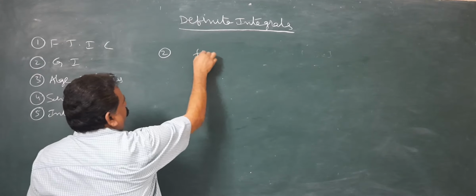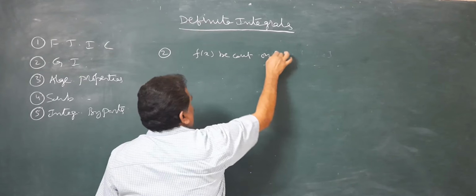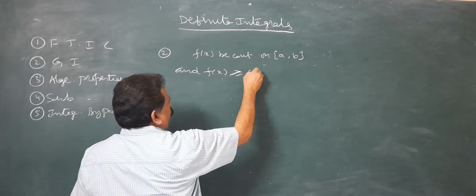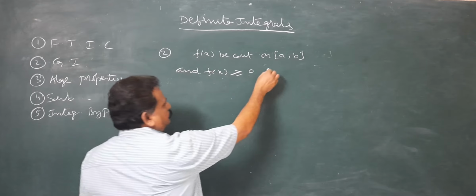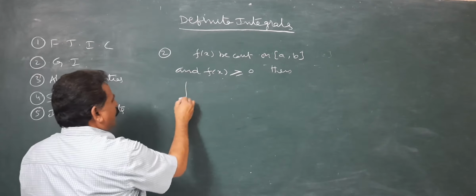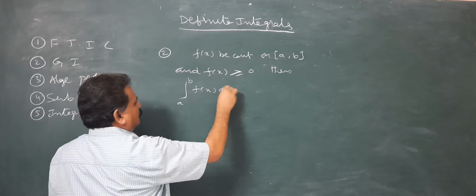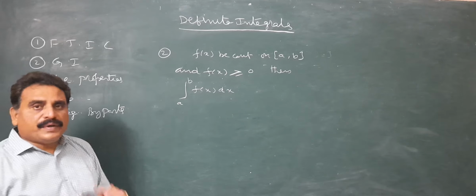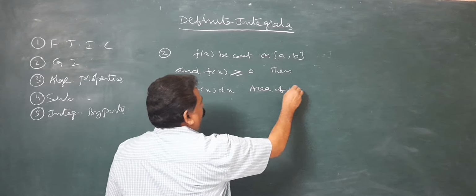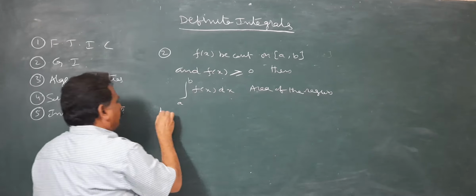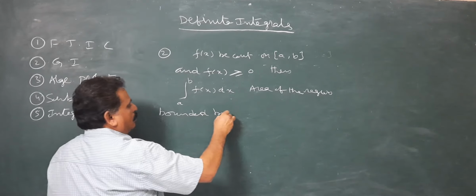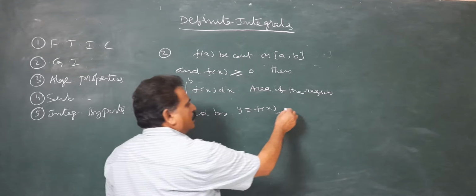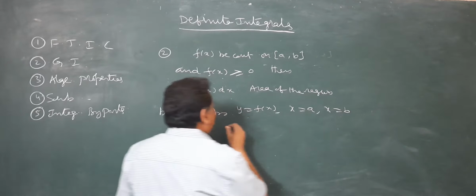Then the integral a to b f of x dx is nothing but the area of the region bounded by the curve y equal to f of x and the lines x equal to a, x equal to b with the x-axis.